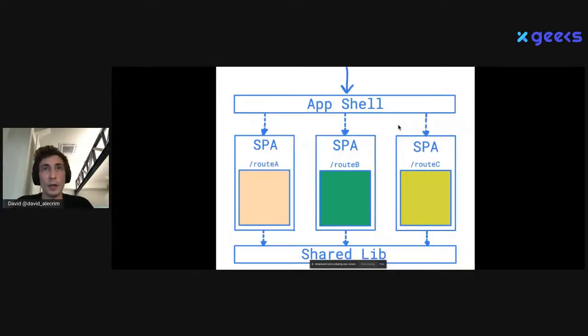So this is the desired architecture that we envisioned. It's basically the user always lands in a single entry point. This single entry point is the app shell. It serves as the only entry point that the user has. Then the app shell knows that there are more micro frontends in the system.